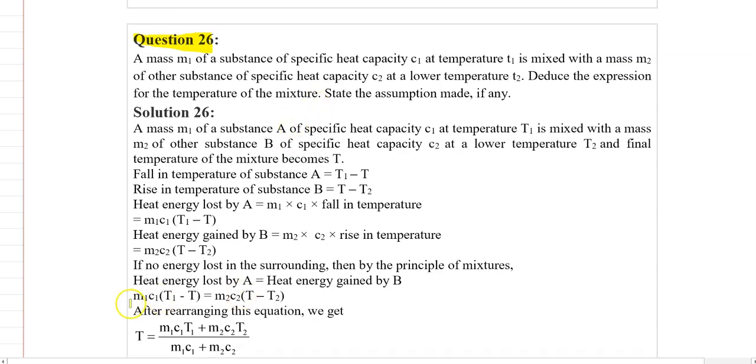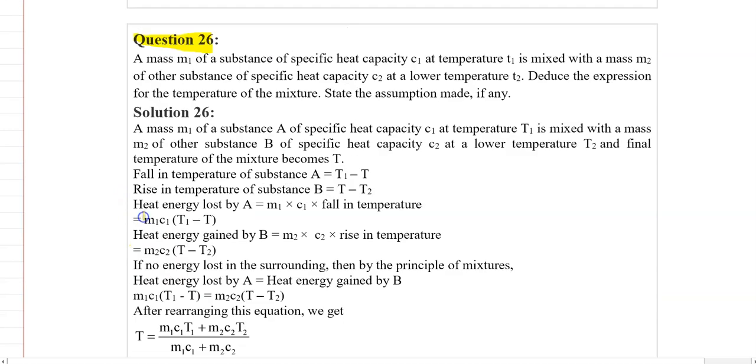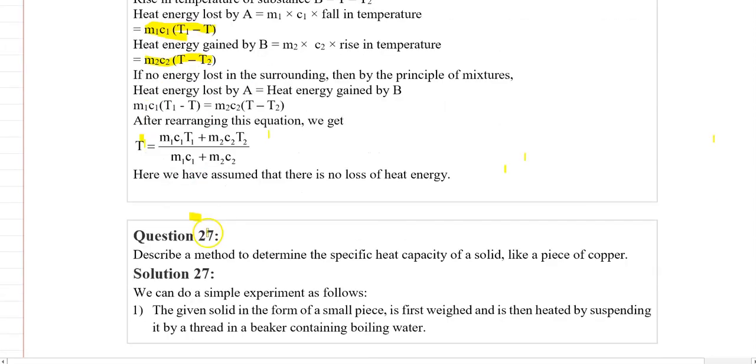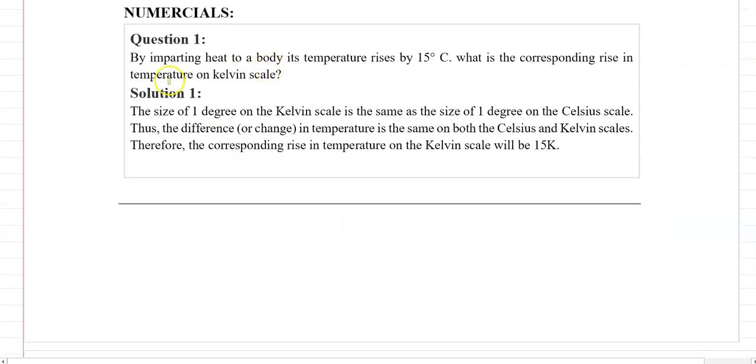If the final temperature is T, then heat energy lost by the hot body is m1c1(T1 minus T), equals heat gained by the cold body, m2c2(T minus T2). Then we can find the final temperature T equals (m1c1T1 plus m2c2T2) divided by (m1c1 plus m2c2). Next, we will explain some numericals.